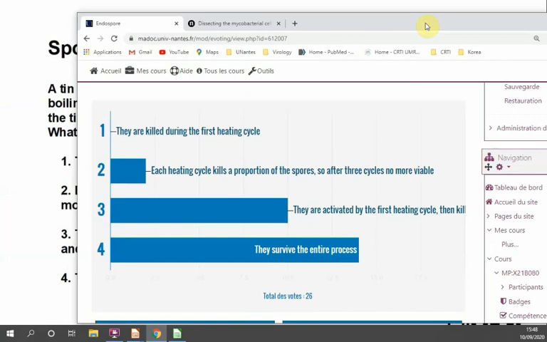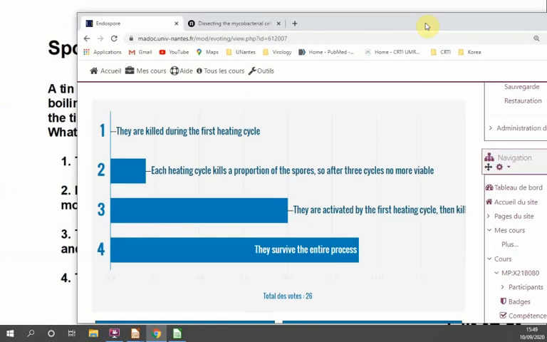Once they germinate, they are going to become vegetatively dividing, actively growing cells. Those cells are going to be killed because they're not heat resistant, because they are not endospores anymore. They're just regular dividing bacterial cells.